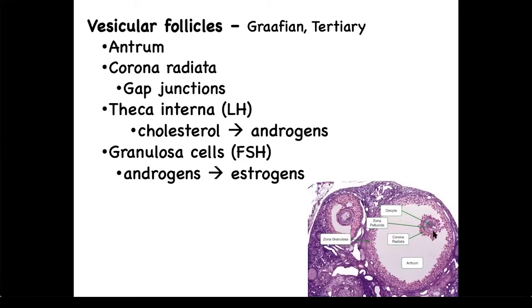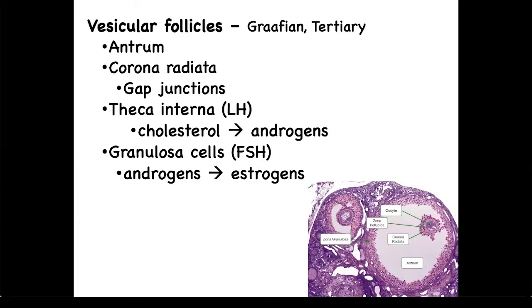In response to LH, the primary oocyte located within the vesicular follicle will complete meiosis I, giving rise to a polar body and a secondary oocyte. The polar body will not survive. The secondary oocyte will begin meiosis II, but will not complete it.